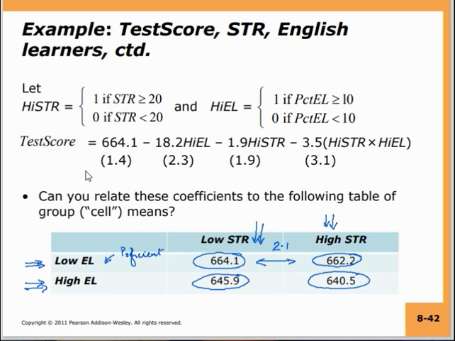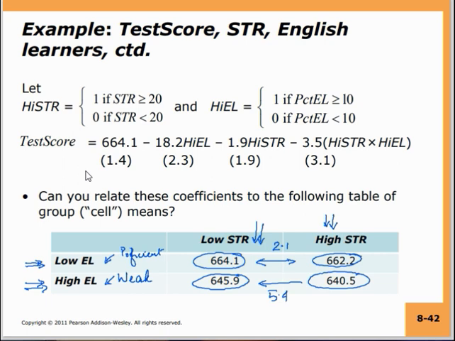Over there, changing your student-teacher ratio does not seem to affect the score so much. But for people who are weak in English, if you change to low student-teacher ratio, that is, you reduce the class size, then your test score goes up by a lot. The test score goes up by 5.4.